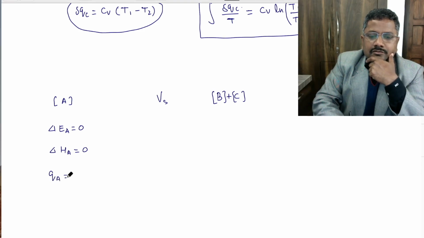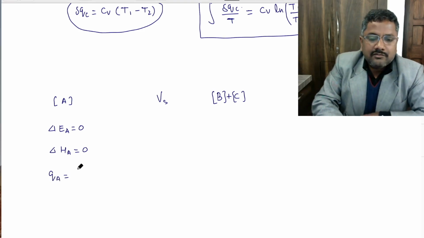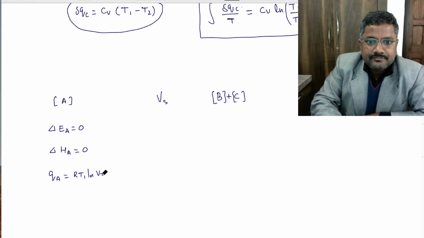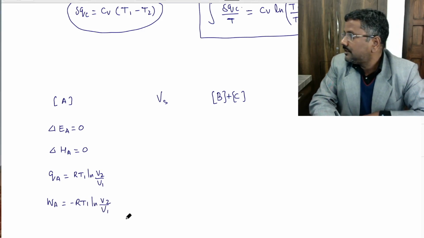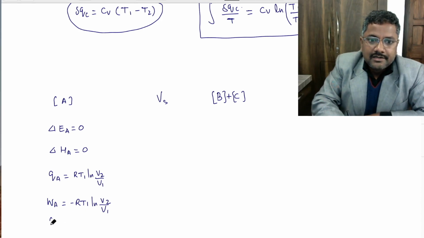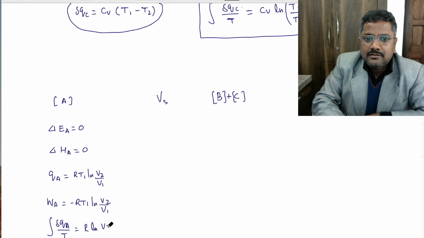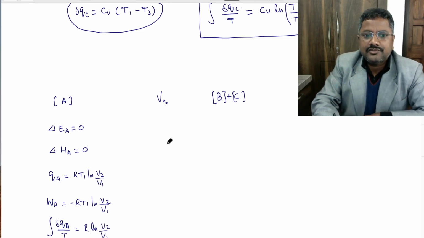QA is equal to RT1 ln(V2 by V1). WA is equal to minus RT1 ln(V2 by V1), and delta QA by T is equal to R ln(V2 by V1), right?